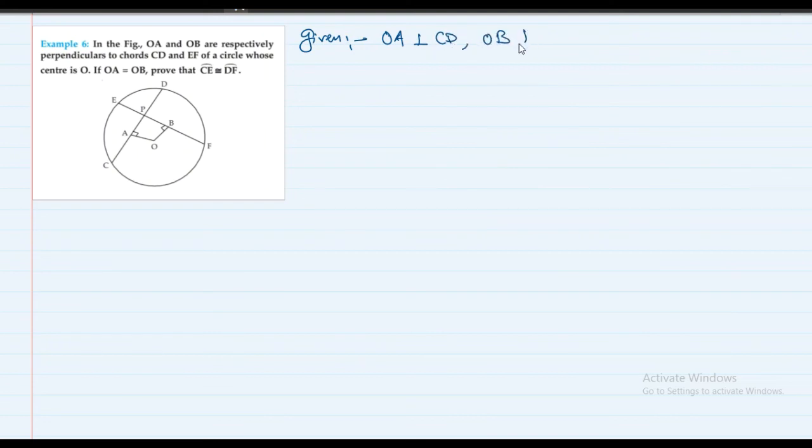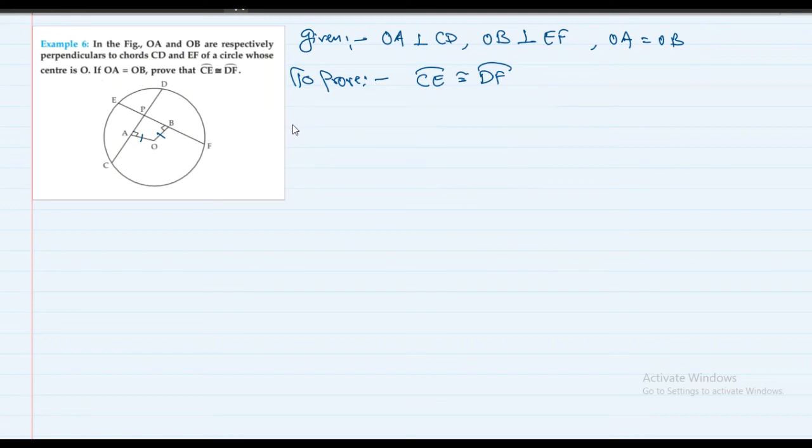OB is perpendicular to EF, and OA is equal to OB. It is given. Prove that arc CE is congruent to arc DF. To prove: arc CE is congruent to arc DF.